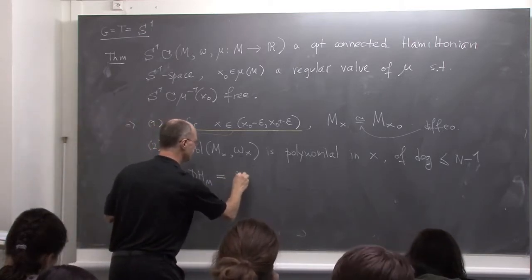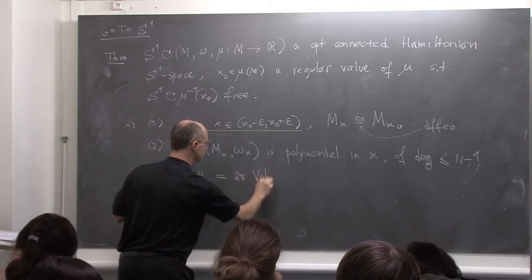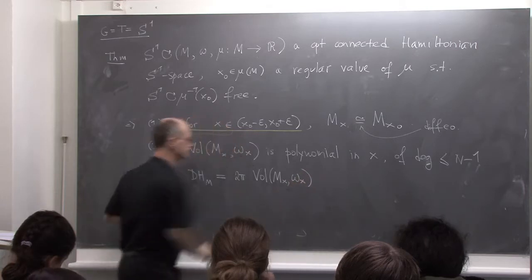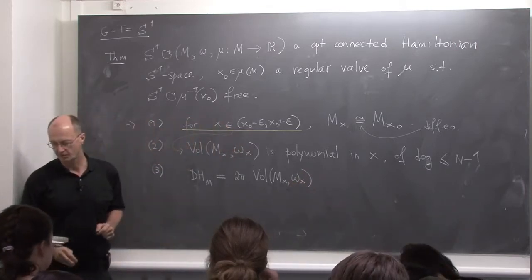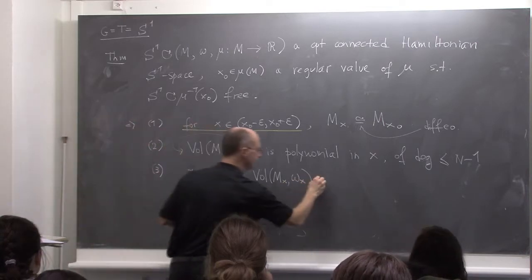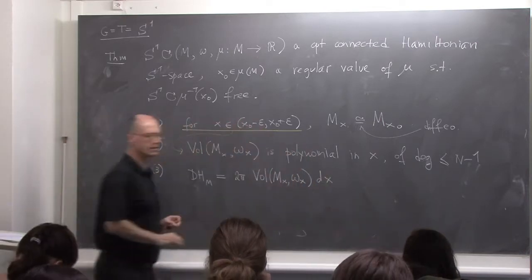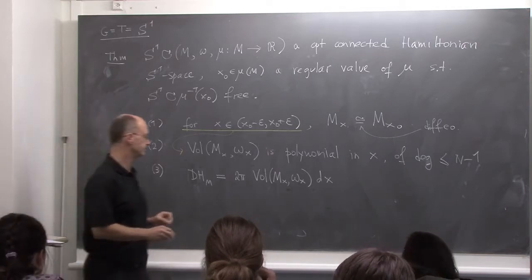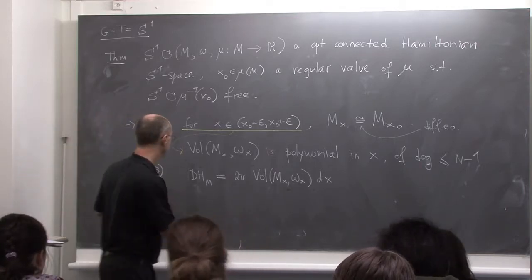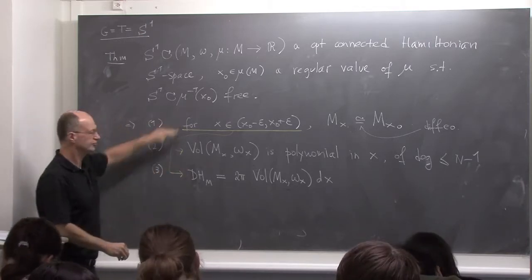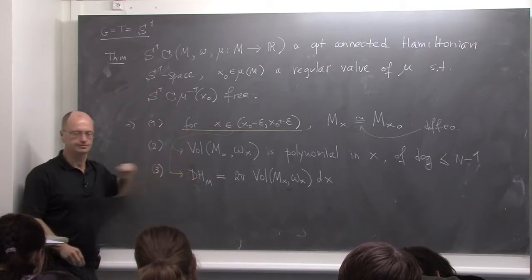So it is equal to 2 pi times this polynomial volume function times the Lebesgue measure dx on the real axis. So that's again for the restriction of the measure to this interval.